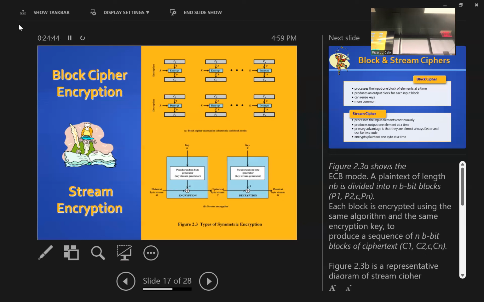You have a key of, say, size 128, whatever it is, but then you have this algorithm called the pseudo-random byte generator. And all that algorithm does is, given the key, it produces a byte every time. It's going to start with this byte, then another byte, then another byte, and so on. And so you're encrypting that byte with the byte of the message, and that produces a byte.